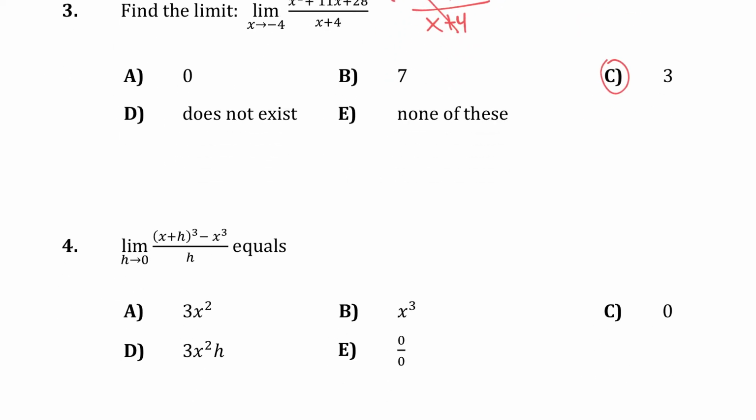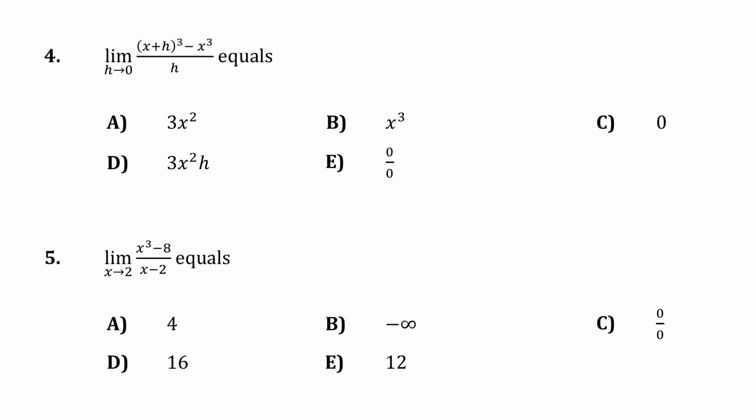Okay, so let's talk about number 4. We're looking at h going to 0, so it has to approach 0. It can't be 0 because you can't divide by 0. But this looks like f prime of x equals f of x plus h minus f of x all over h, something like that.